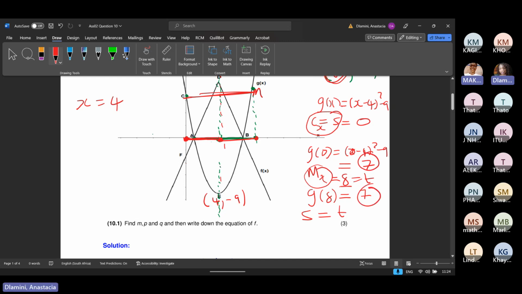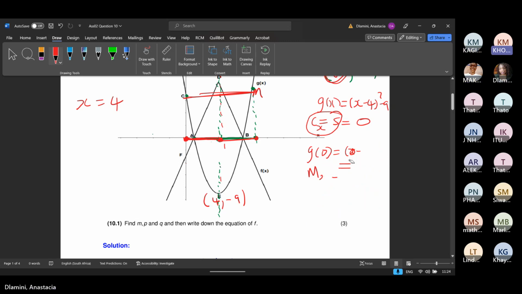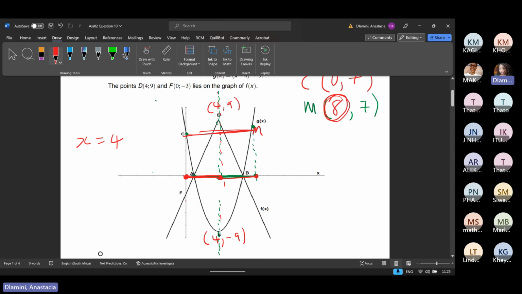But is s equal to t? No. Okay, maybe my brain is also confused on what I said. Did I confuse anyone?